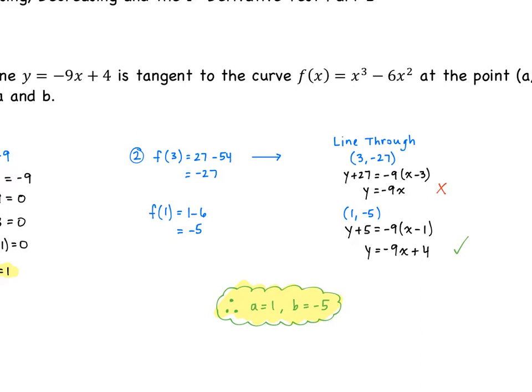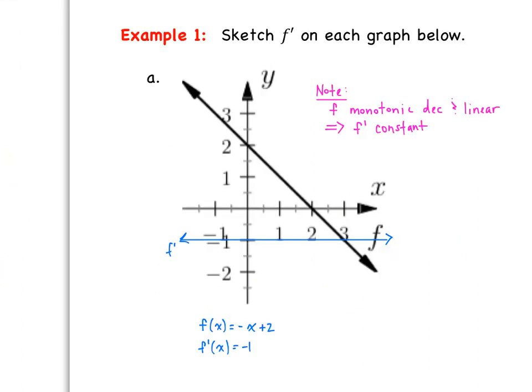But when we use the point (1, negative 5) and write the linear equation in point slope form, clean it up, we see that it matches. So therefore, we can conclude that that line is tangent to the curve at the point where a, our x value, equals 1, and b, our y value, equals negative 5.